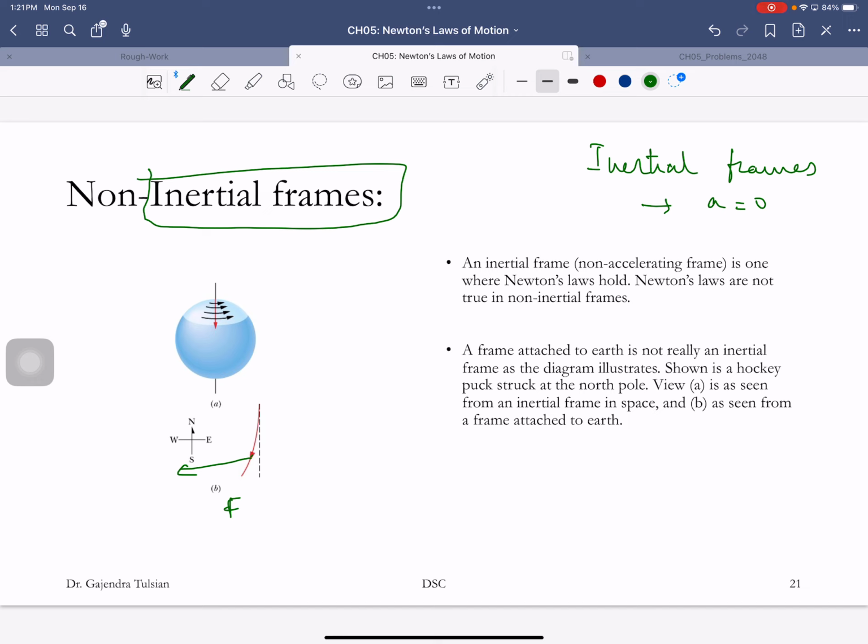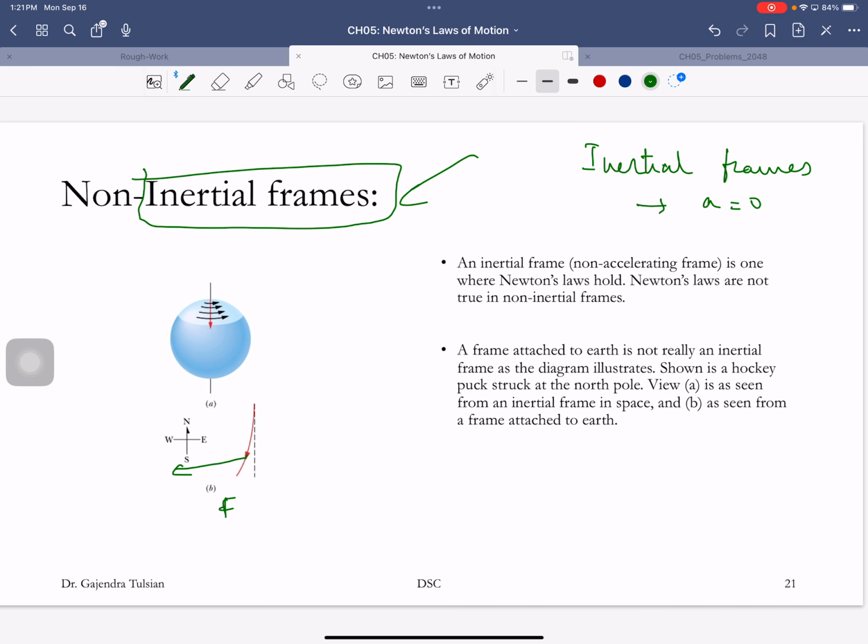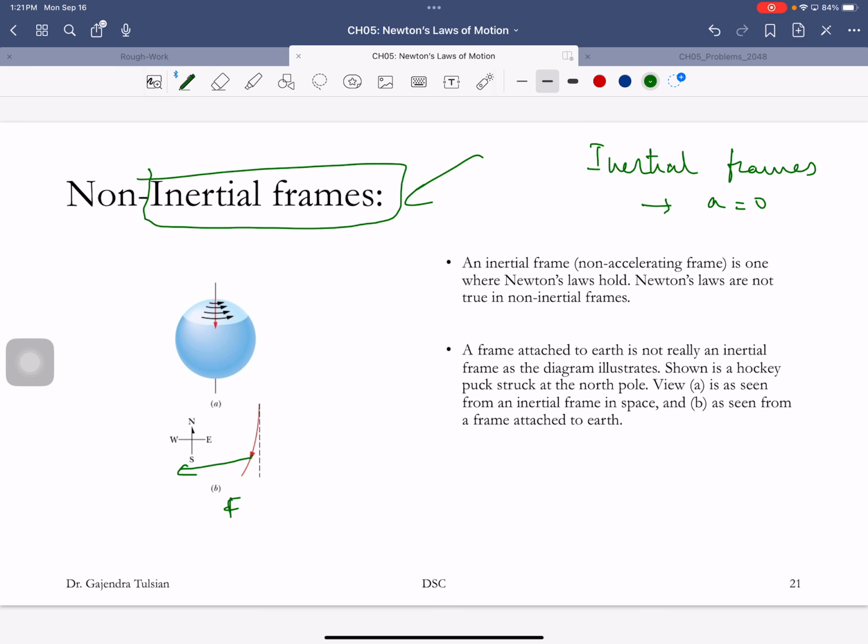He's got to come up with a fictitious force. A centrifugal force is like that. Okay? A centrifugal force is a fictitious force that you have to invent because you're observing things from a non-inertial frame of reference. Okay? Anyway, Newton's laws are valid only in inertial frames of reference. Okay. All right.